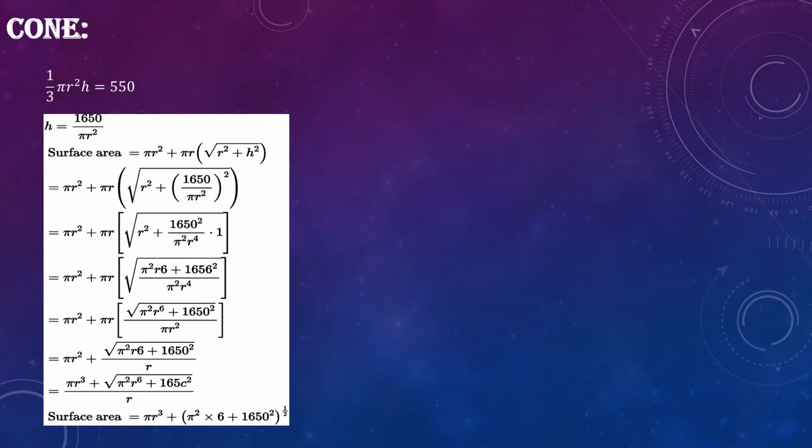So the surface area written here is pi r squared plus pi r bracket times square root r squared plus h squared. So after doing some simplification, the surface area equals to pi r squared plus the square root of pi squared r to the power of 6 plus 1650 squared.